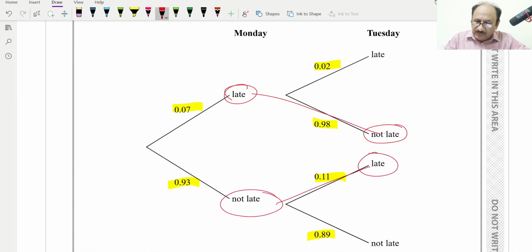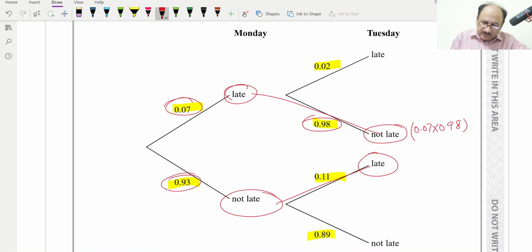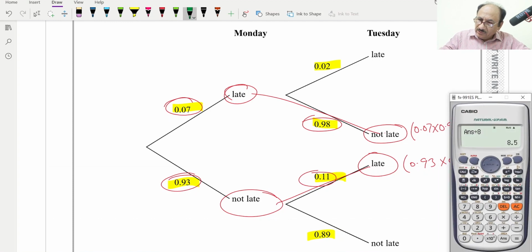So we will be taking these two branches and we will multiply. 0.07 will be multiplied by 0.98 for this branch, and for the second one we'll multiply 0.93 by 0.11.